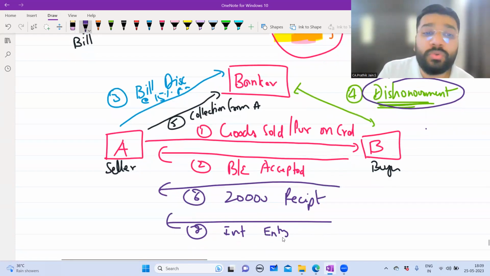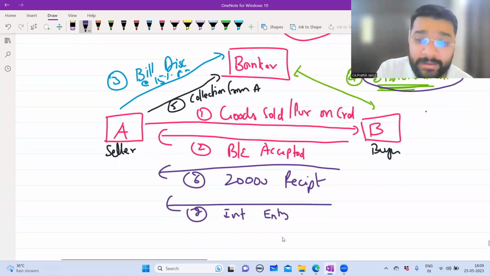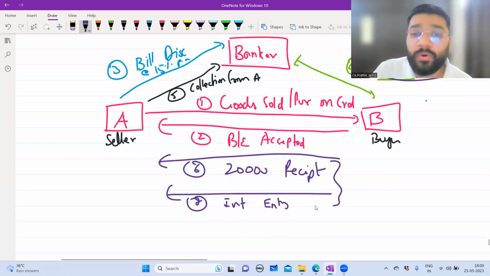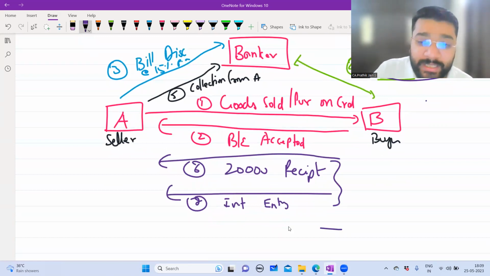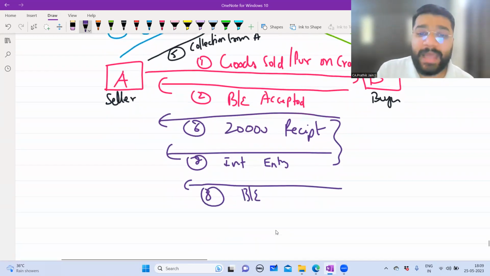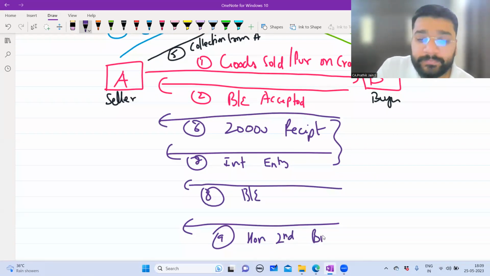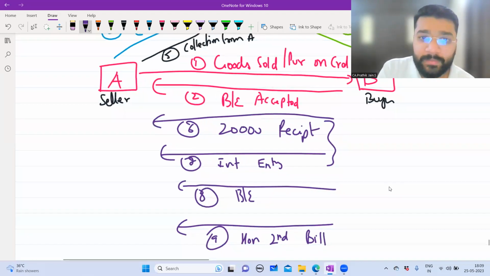How much interest does A have to receive, and how much interest does B have to pay? That we have to calculate. And for both of these, we have to execute another bill of exchange. So the eighth transaction is a new bill of exchange executed, and the ninth entry is honoring the second bill.